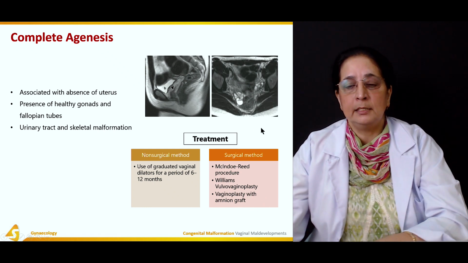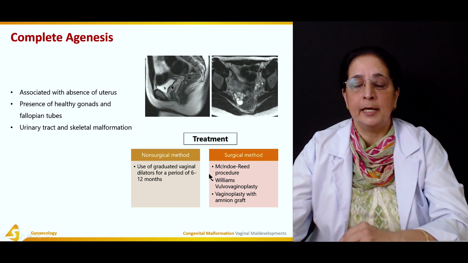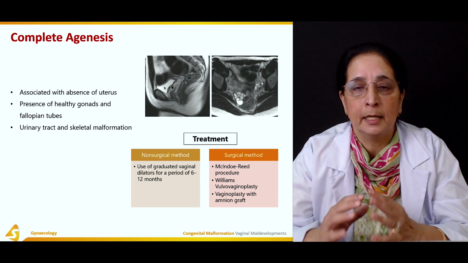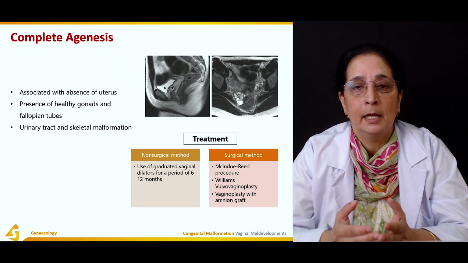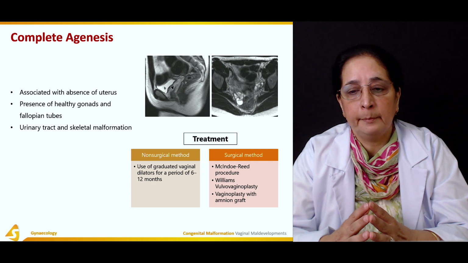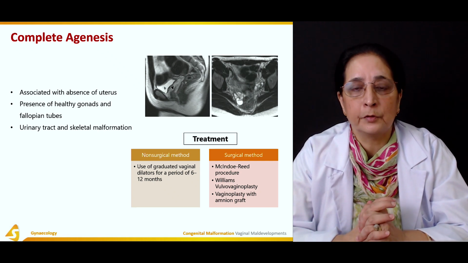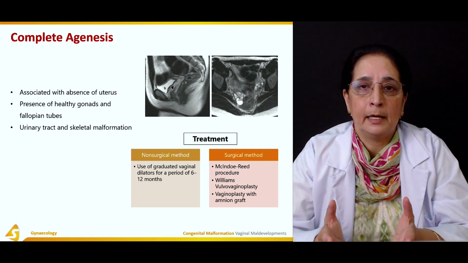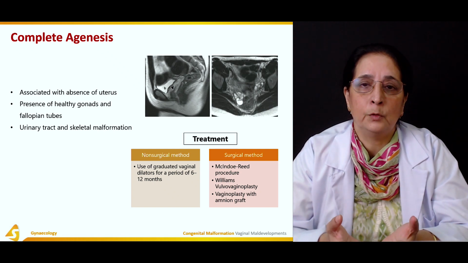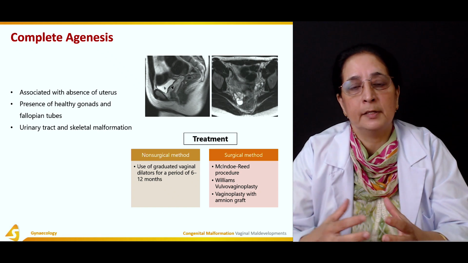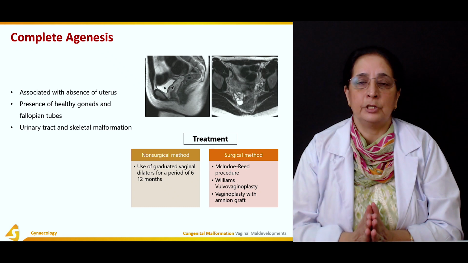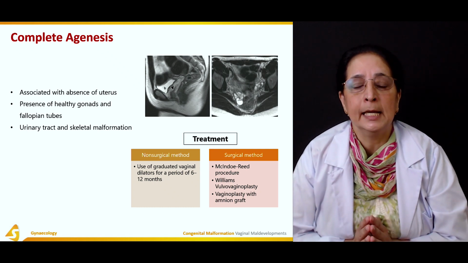In these different procedures, a pouch or opening is created and lined with skin, like in the McIndoe-Reed procedure, where the pouch is created and then grafted with skin, and the graft is taken from the patient's own body. So these are the different procedures, non-surgical and surgical.